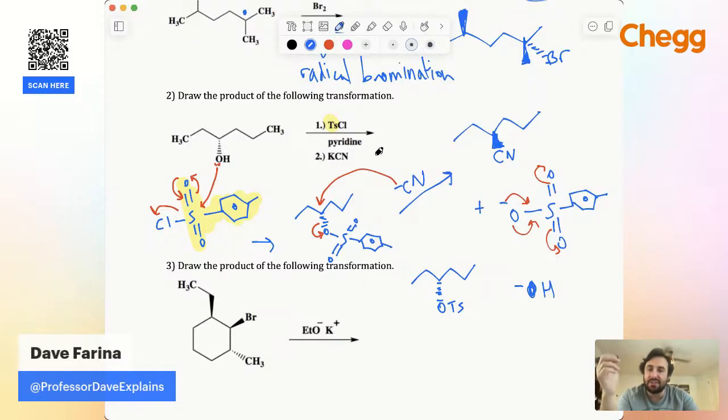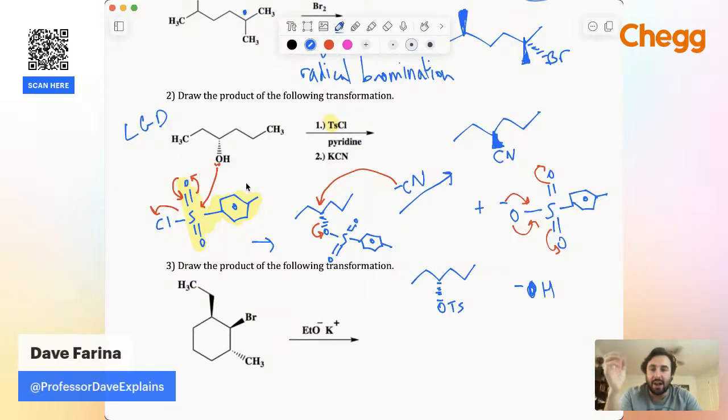So this is a leaving group derivative, right? When you see tosylation, we're talking about generating a leaving group derivative. We're talking about turning a hydroxyl group into a good leaving group for an SN2 reaction or something else, maybe for an elimination. I don't know.